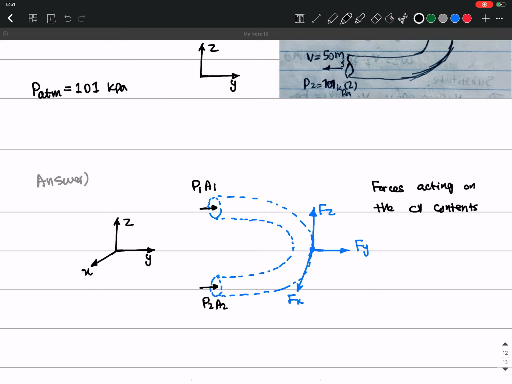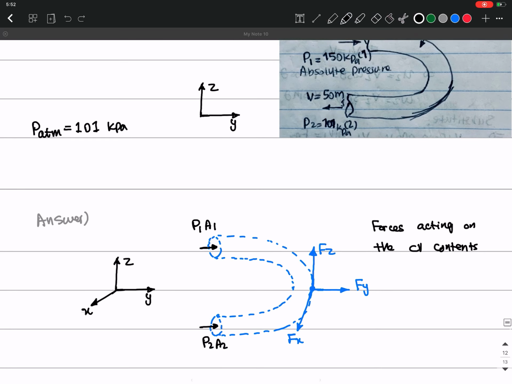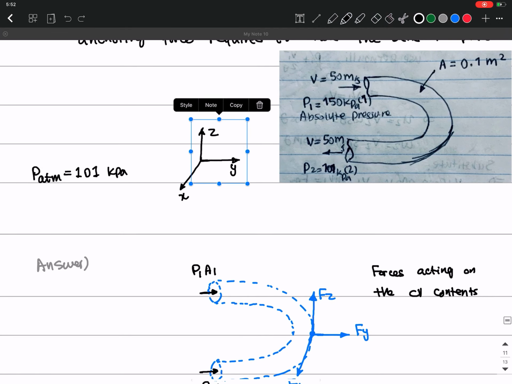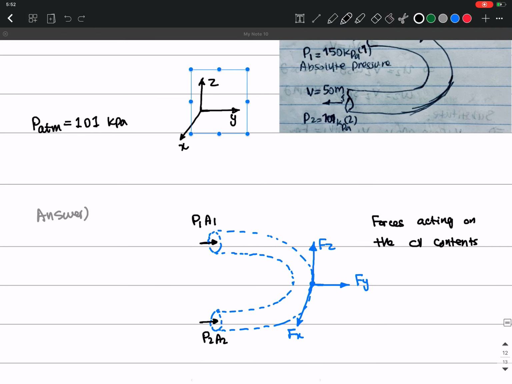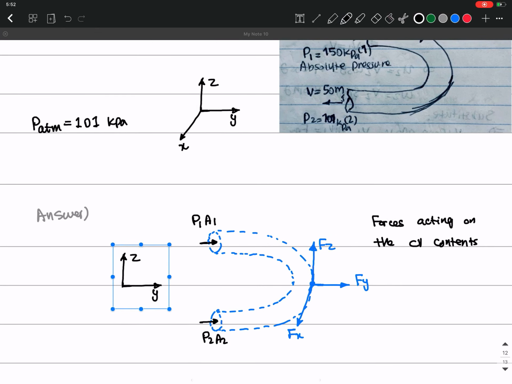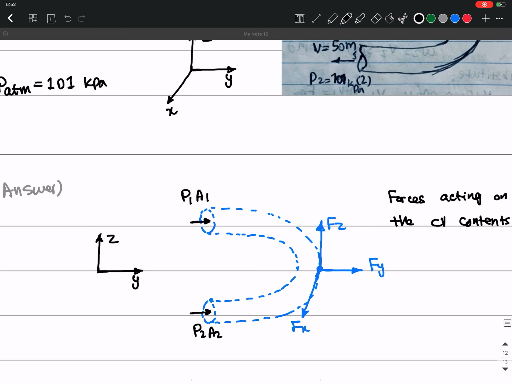Let me change it a little bit. So this is my coordinate system.